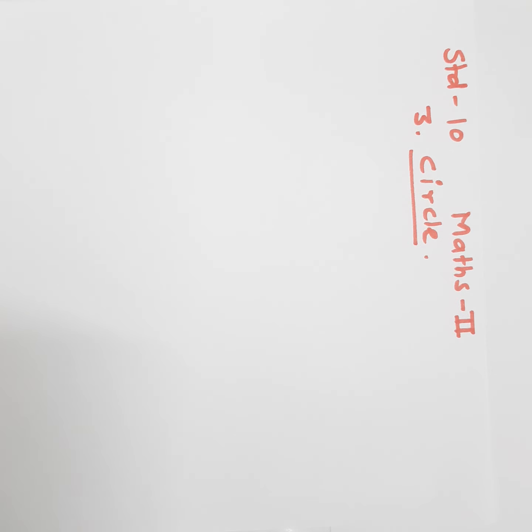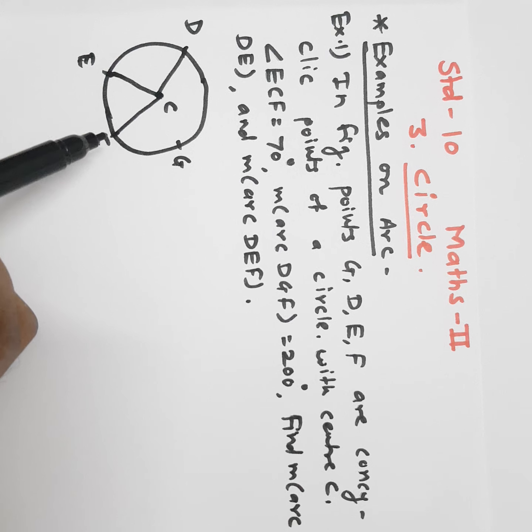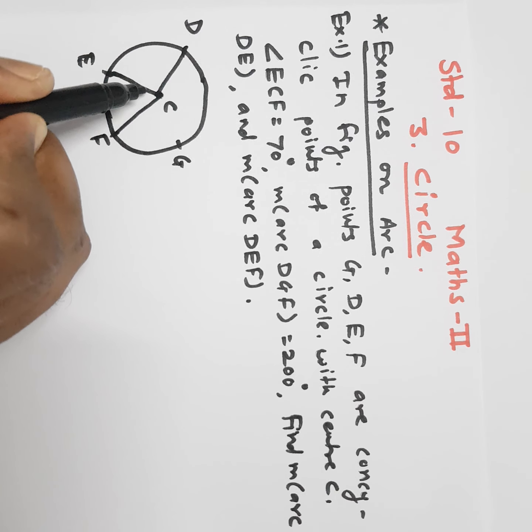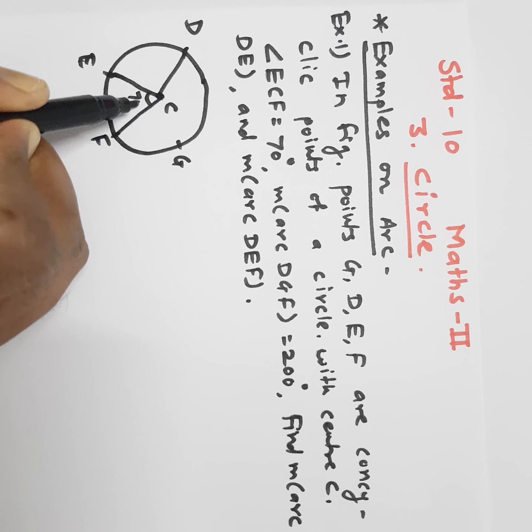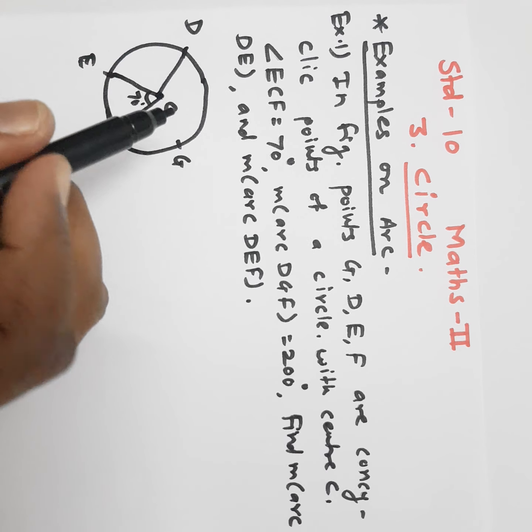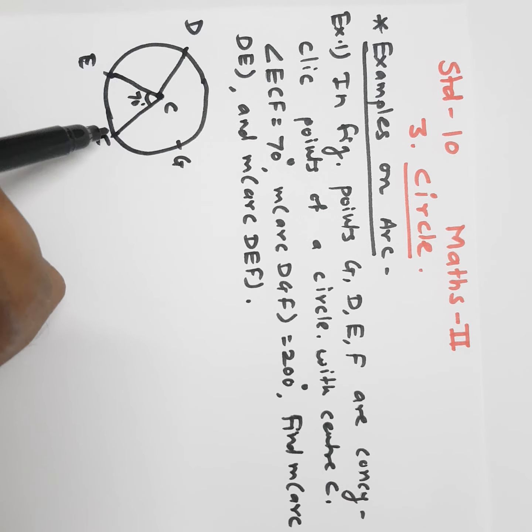In the figure, points G, D, E, F are concyclic, which means these points are on a circle with center C. Angle ECF is equal to 70 degrees. The measure of arc DGF is 200 degrees.